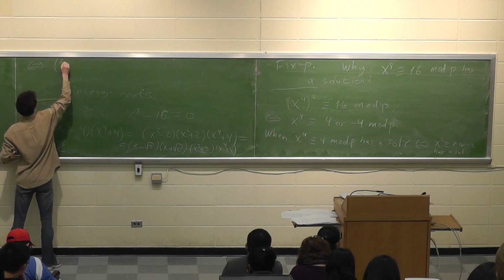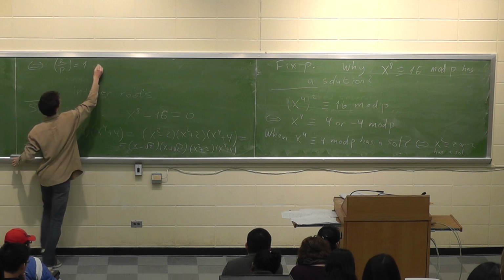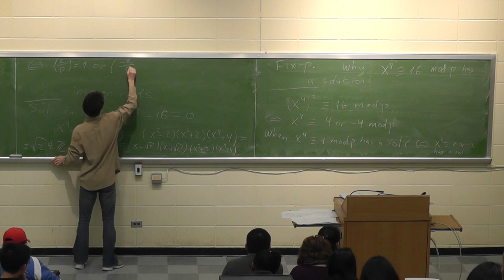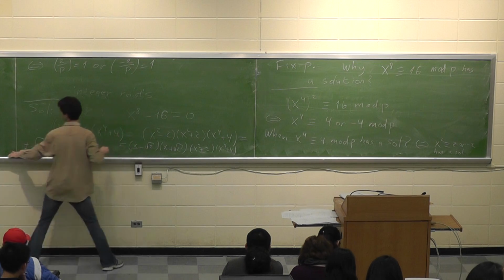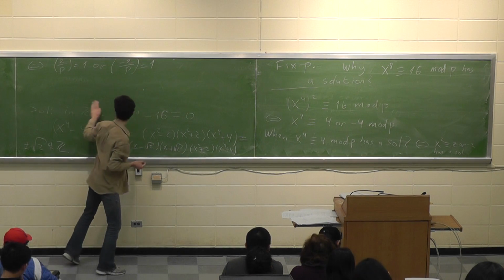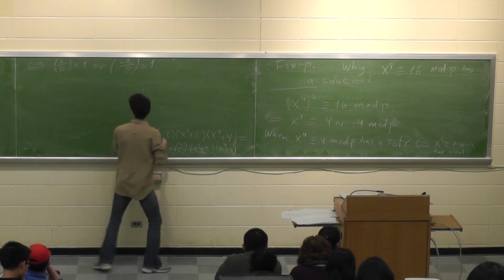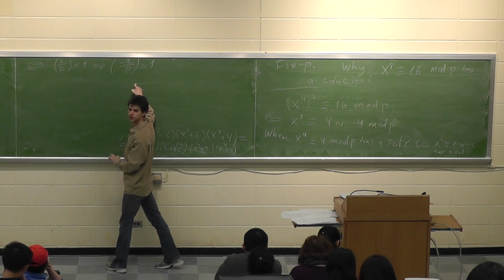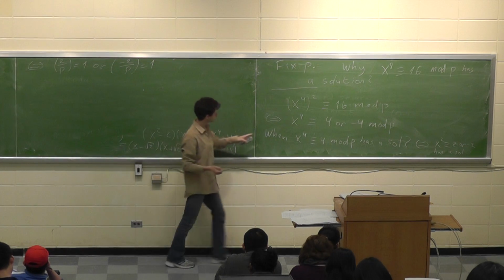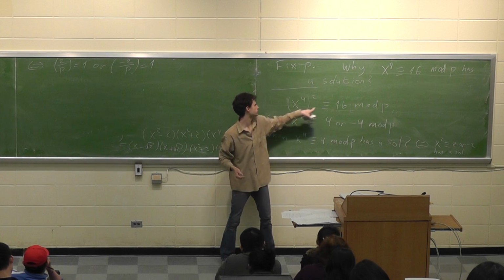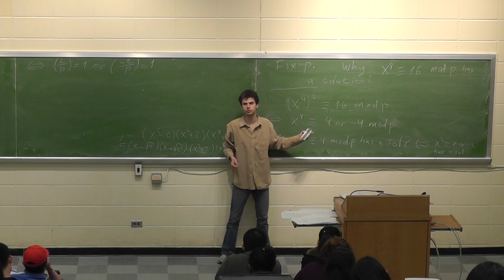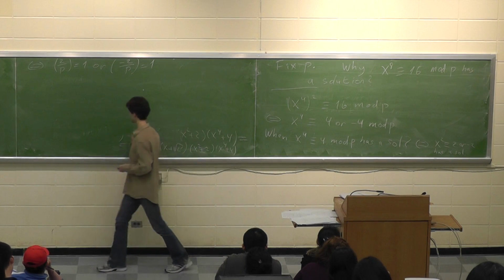If 2 over p is 1 or negative 2 over p is 1. So in some cases, when this holds or this holds, we will be able to find a solution, in fact, to a simple congruence. Now, this one would actually have to be forced congruent to 4. Kind of stronger statement.